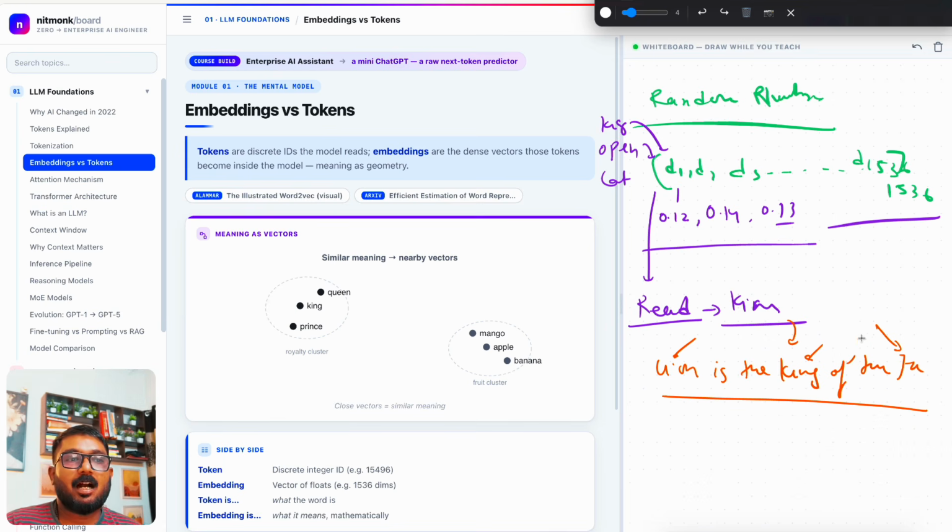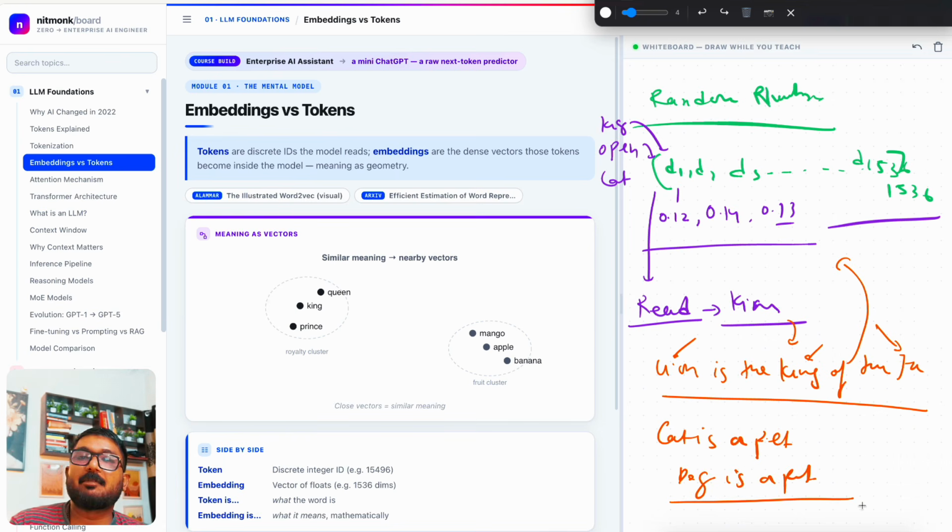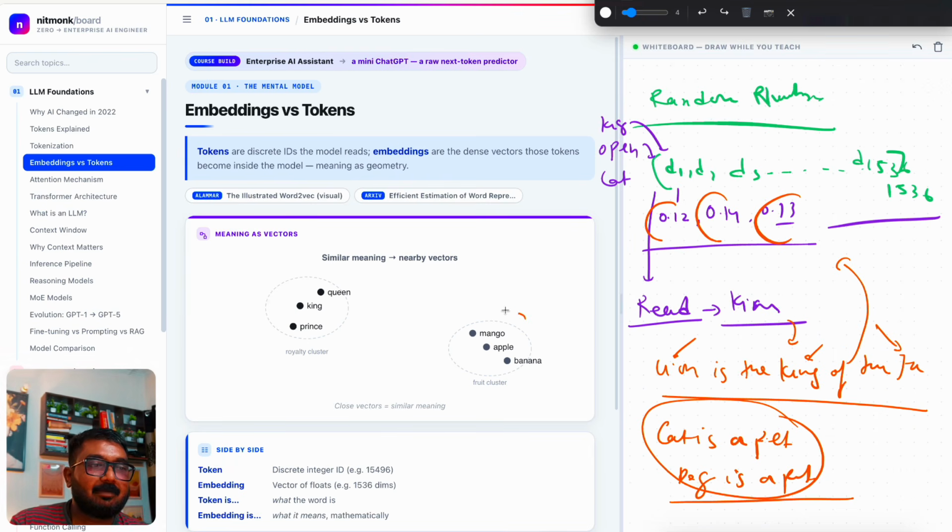This relationship updates these numbers. Looking at sentences like cat is a pet, dog is a pet, sentences that have been written over many years, these numbers are decided through backpropagation. So every number gets set again, and that's where this similarity happens.